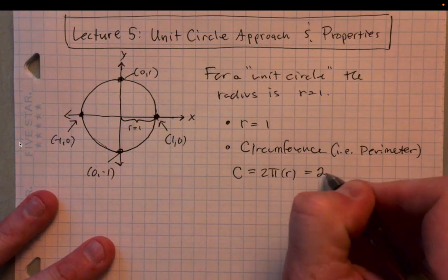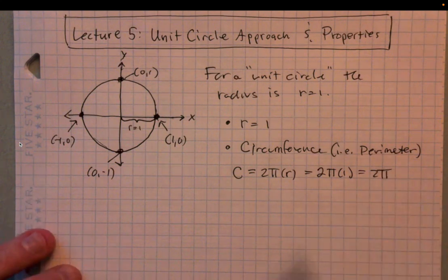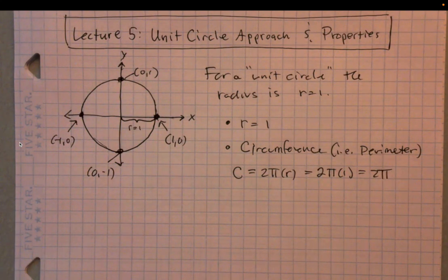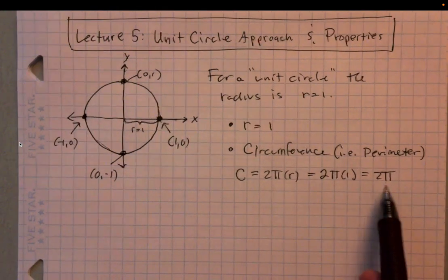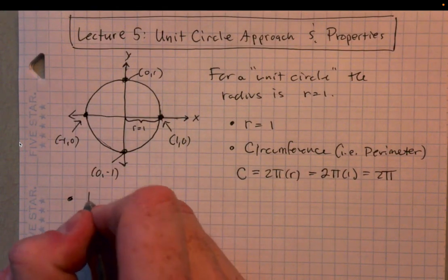And then obviously if it's a unit circle, it's 2 pi times 1, and so the circumference is exactly 2 pi. Okay. So we know the radius of our unit circle is 1. We know the circumference of our unit circle is 2 pi.